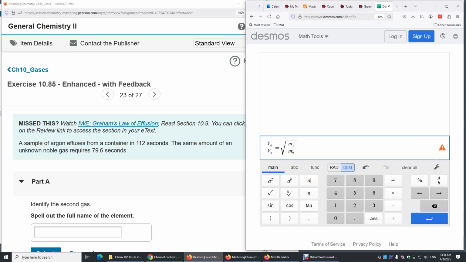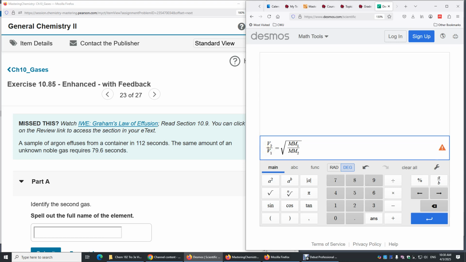So this is the setup. And the mass of an atom is proportional to its molar mass. So we have molar mass for gas 1, molar mass for gas 2. So this is how we set up the equation.